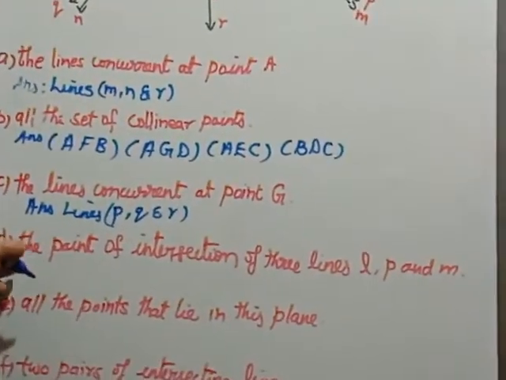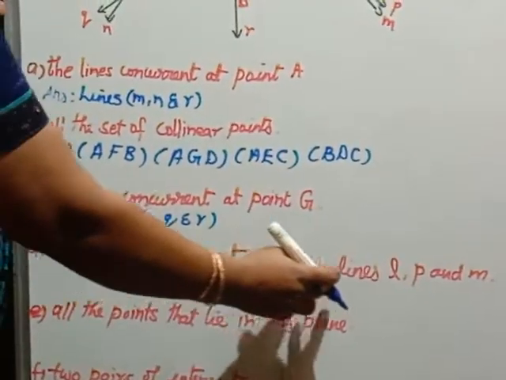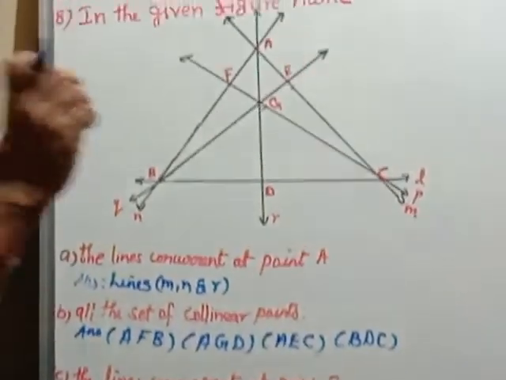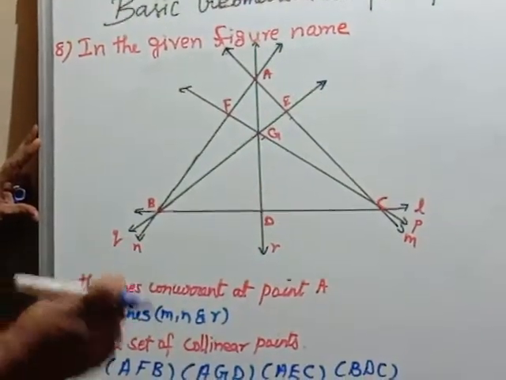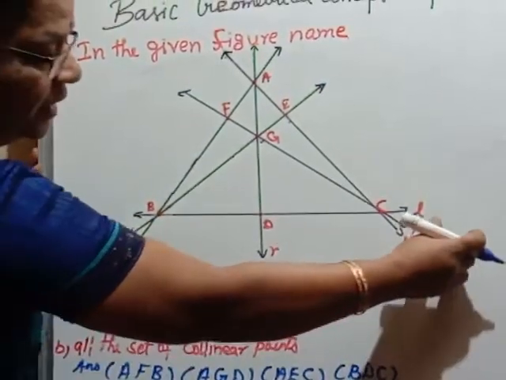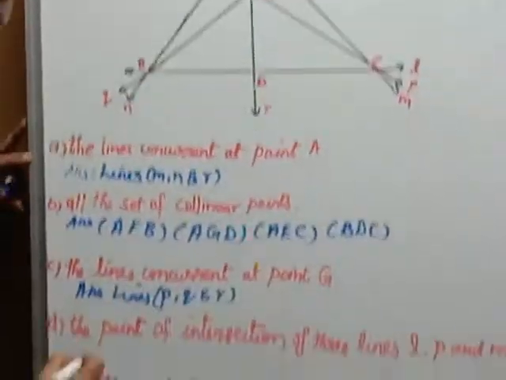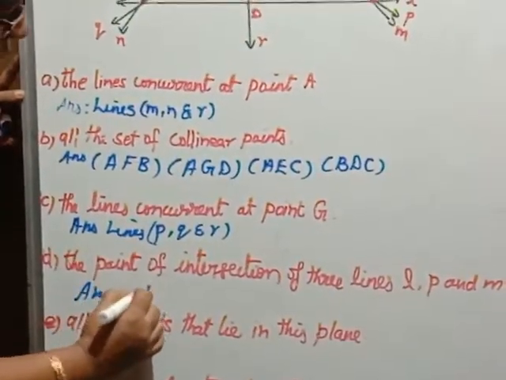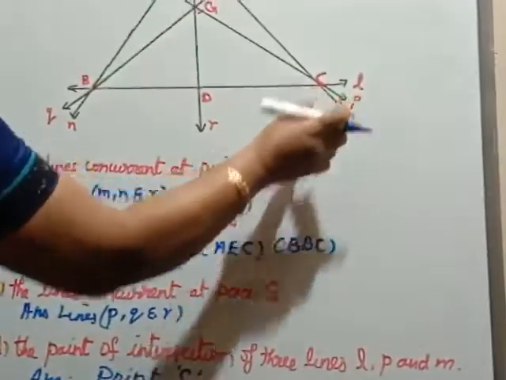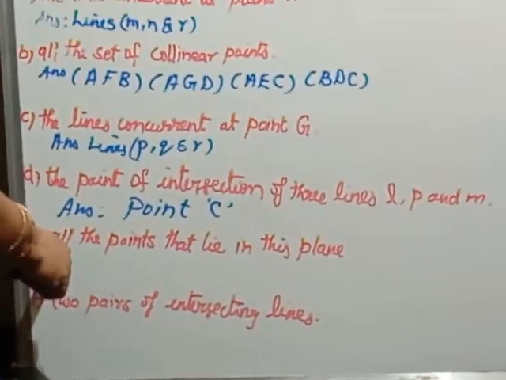Now, what is the fourth question? The point of intersection of three lines L, P and M. Which point is the intersection of the L, P and M lines? Here Q and N. Here L, P, M are intersecting. Answer is point C. Now, what is the next question?